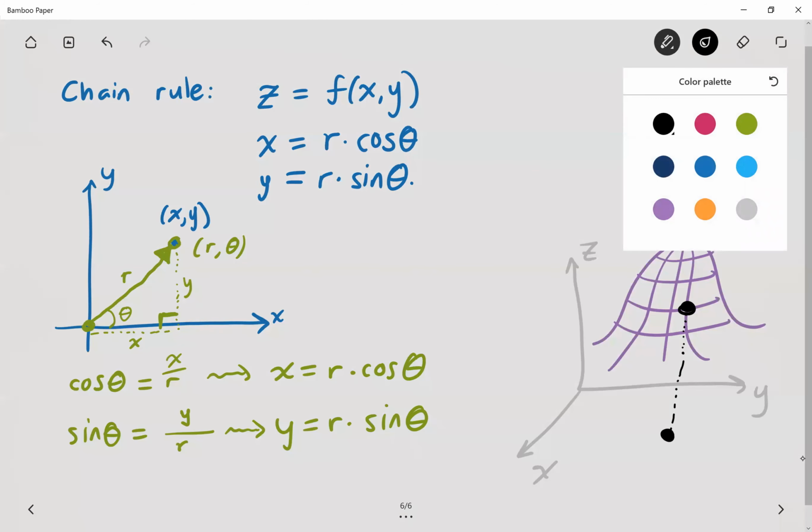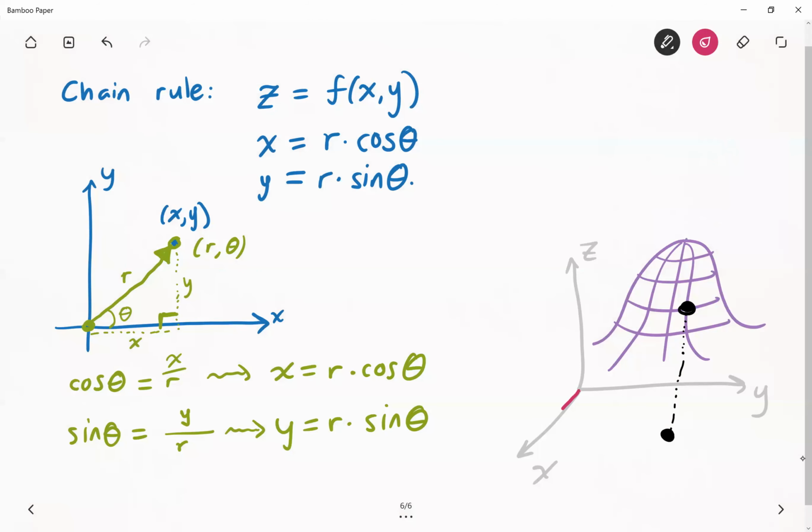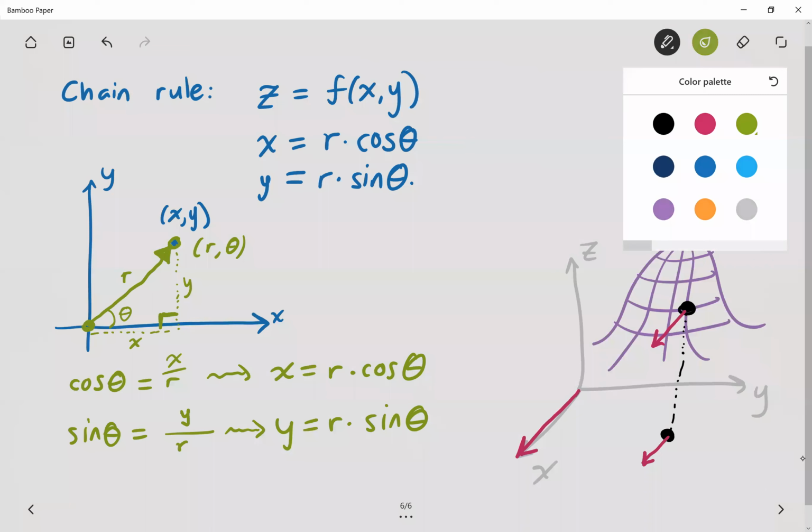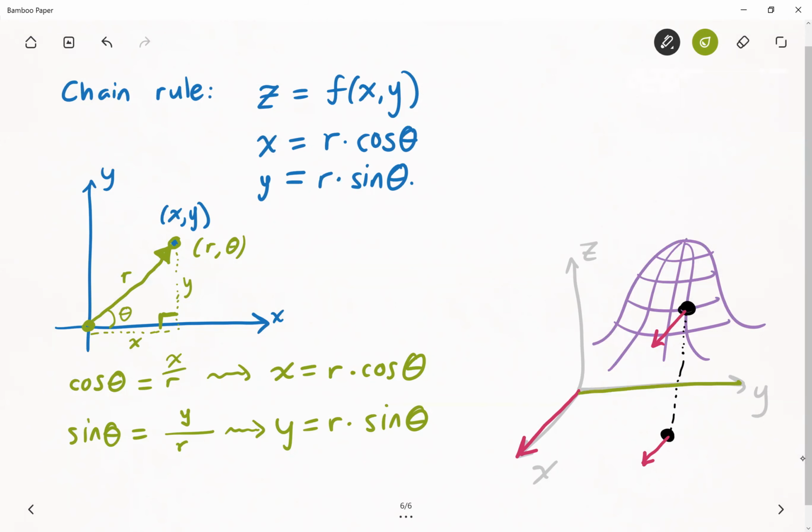And we already know how to calculate some of the partial derivatives here. Right, if you move along the x-axis, right, you're moving in this direction away from the point. I'd ask how much the height of the function changes. Same thing for moving along the y-axis. As you're moving in this direction, how quickly is the height changing?